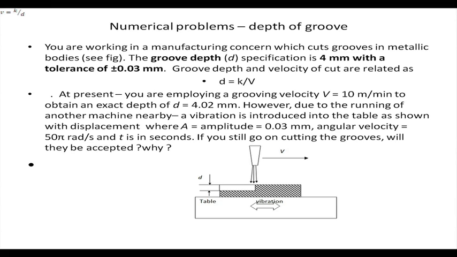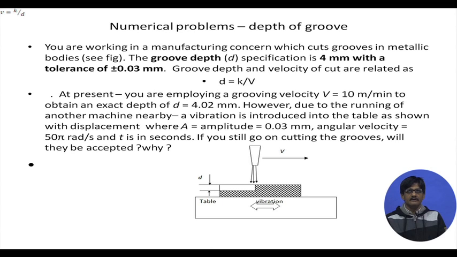So, this problem deals with you are working in a manufacturing concern which cuts grooves in metallic bodies. Okay. So, there is a metallic body and you are cutting a groove, it is a brittle material.